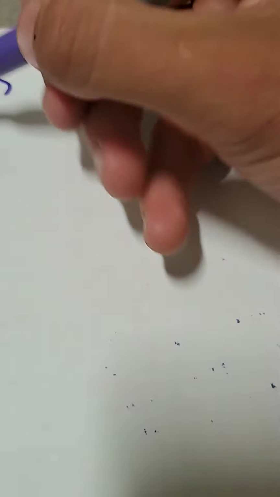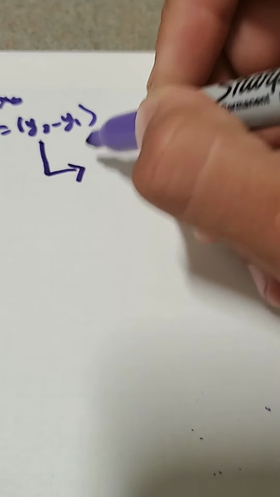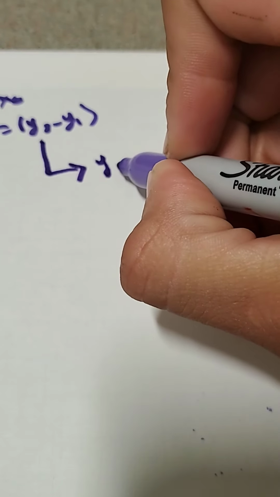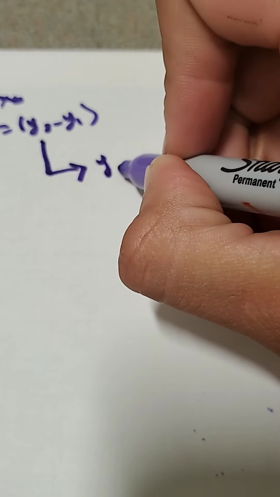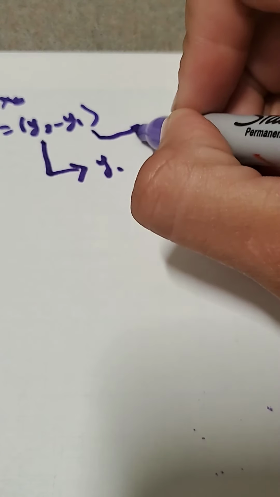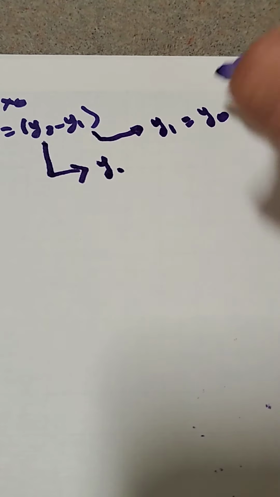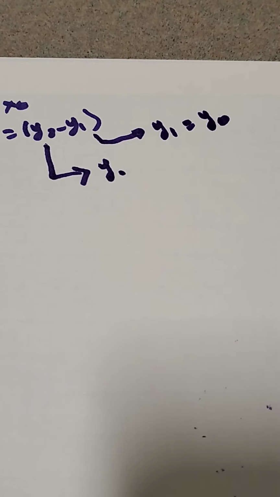Likewise, y2 we leave as y, and y1 is y naught, the initial spot.